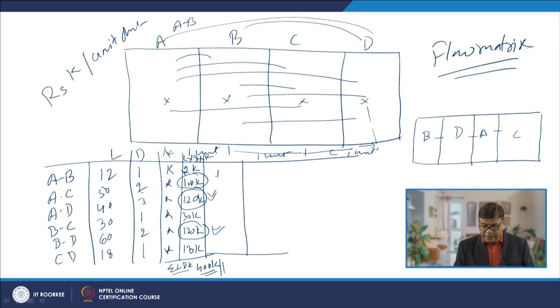Like say A and B, the kind of movement which is needed for A and B, the distance to be travelled between A and B is 2 units. So here, A and B, AC, AD, BC, BD and CD.